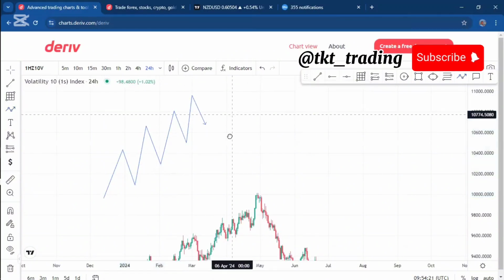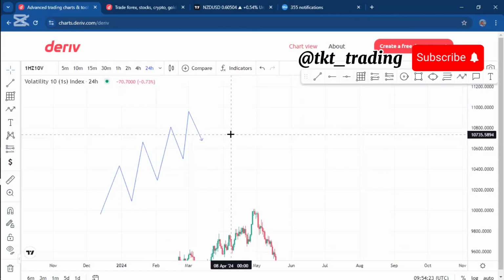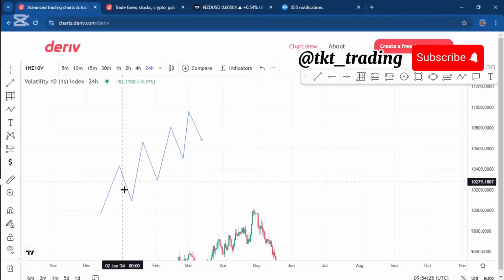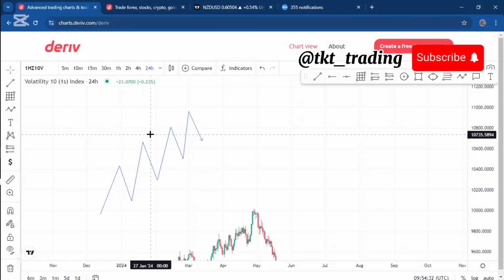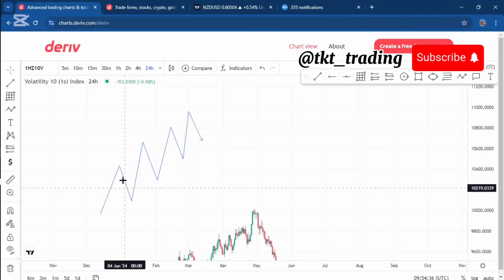This retracement, this pullback, before the market makes another impulsive move to the upside is actually a short-term low.